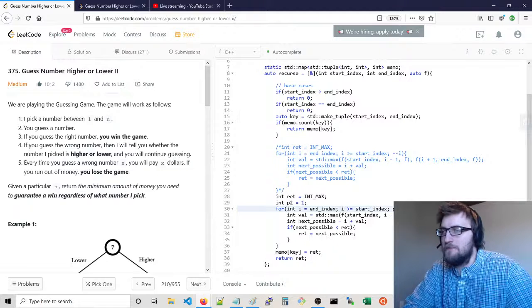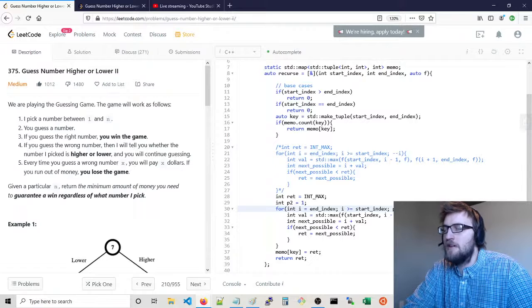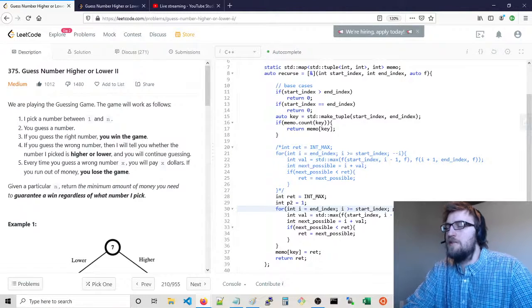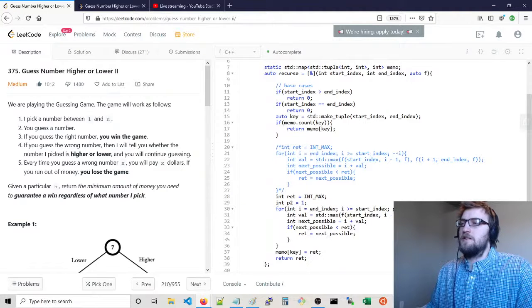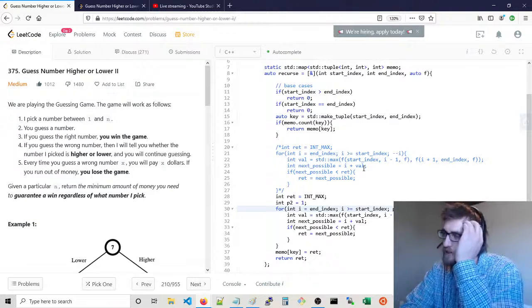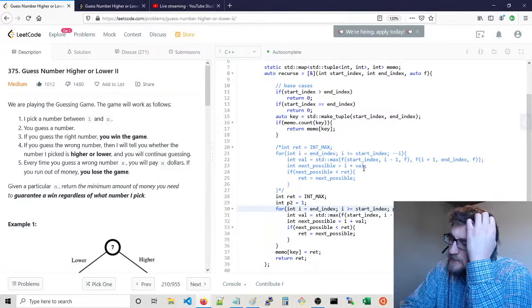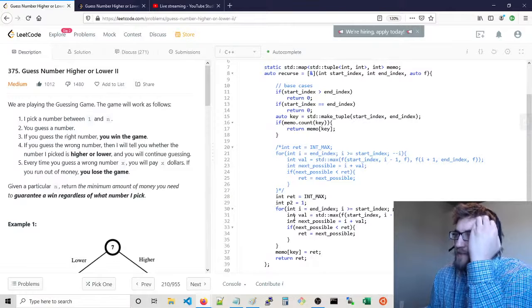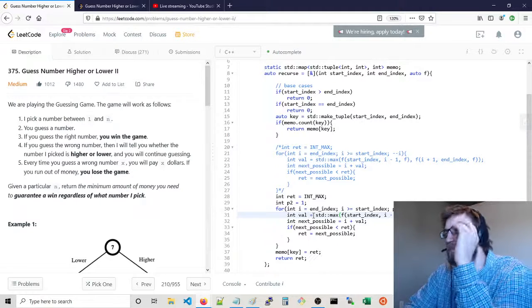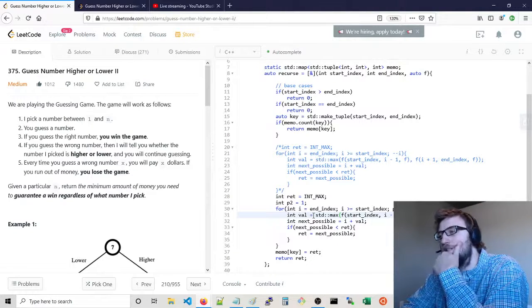That's not right. This has to change, actually. I need to modify this. There's 2 things that need to change. I do think it's still N. It's just this part changes as well.